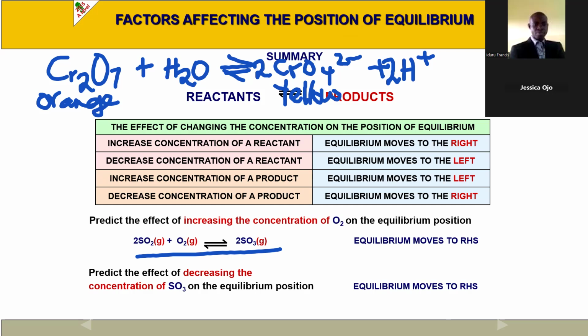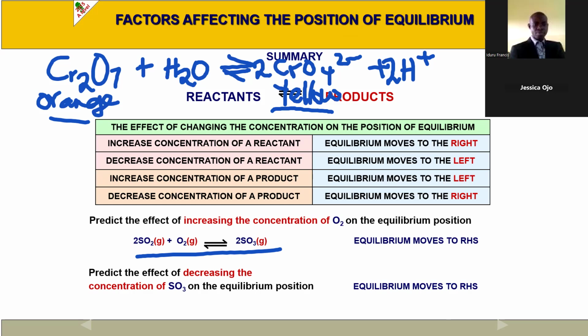So now this is what happens in your AS chemistry. Once they add color, they want you to comment on the color change. You already know that an increase in concentration of the reactant means a forward reaction. So your first answer is that the position of equilibrium shifts to the right-hand side.